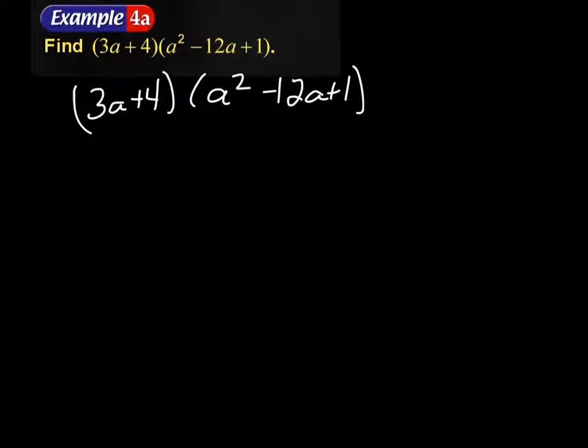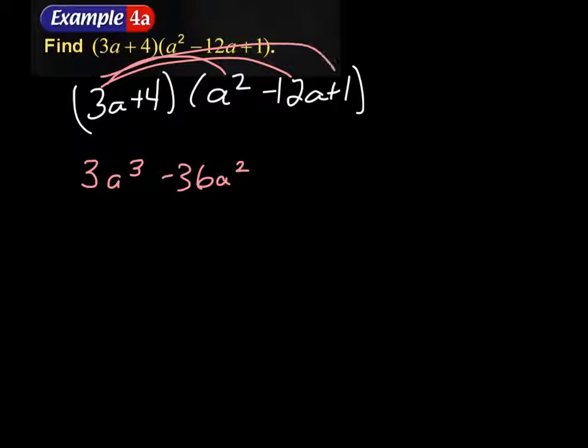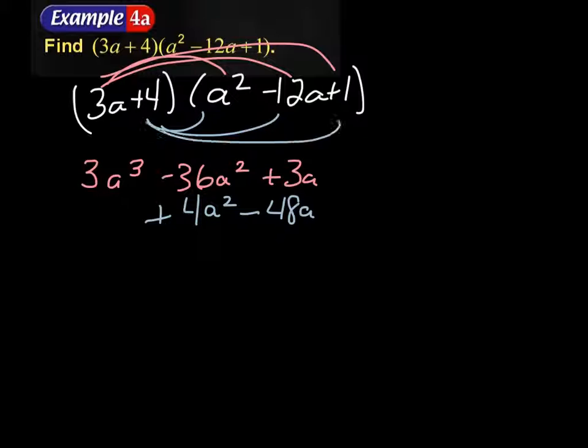I'm going to take the 3a, my first term, and I'm going to multiply it by the 3 terms in the other polynomial. So that's fine. So 3a times a squared is going to be 3a cubed, minus 36a times a is a squared, plus 3a. And then we're going to have plus 4a squared minus 48a plus 4.